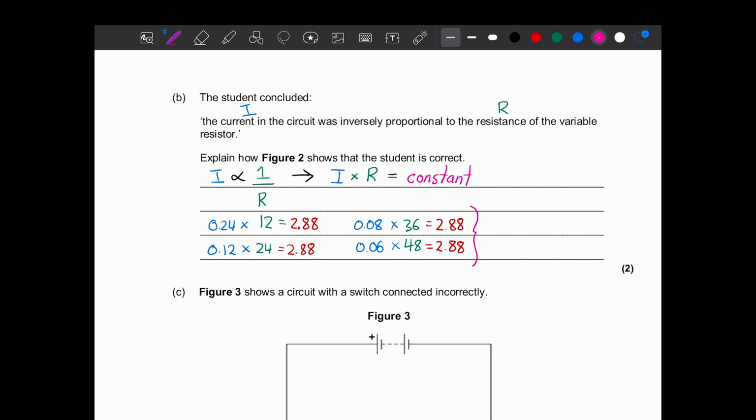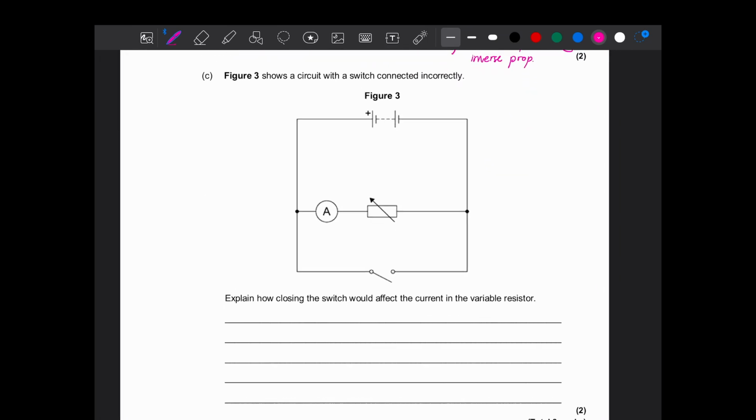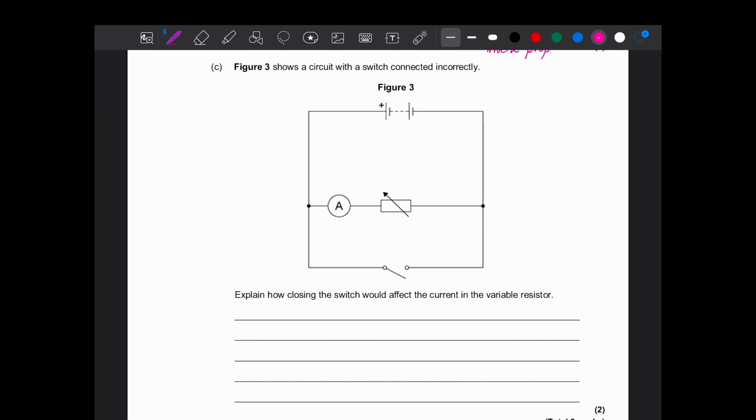Again, copying this out from the mark scheme, the product of current and resistance is constant. And I'll just add this on. That indicates inverse proportionality.